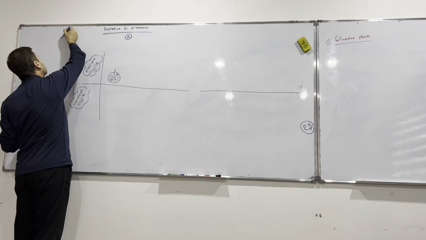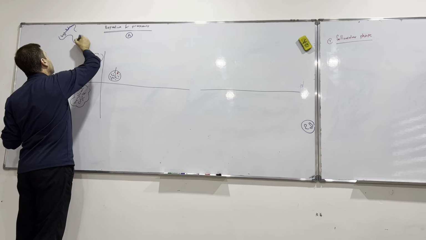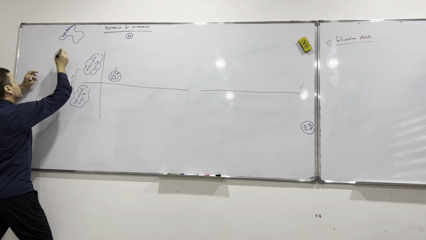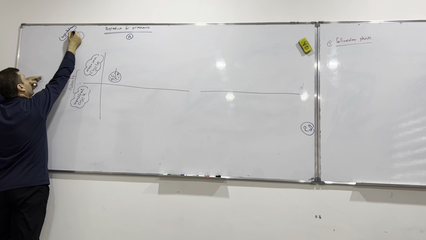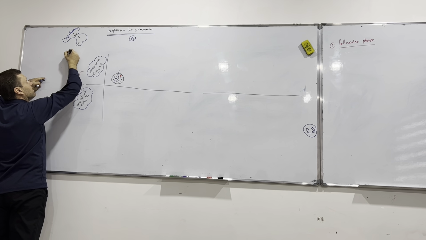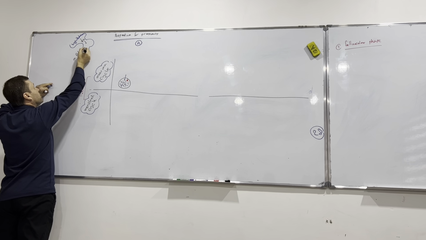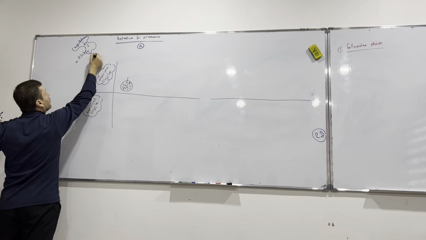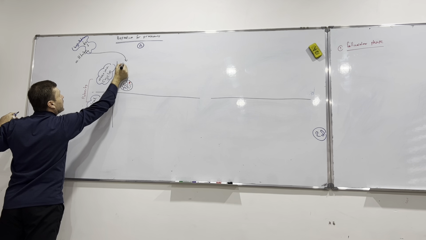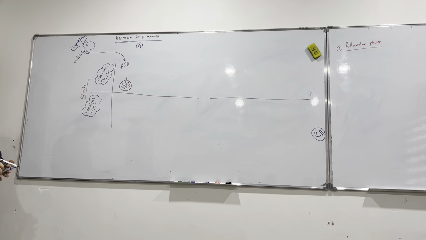hypothalamus secretes a hormone called RH, releasing hormone. RH stimulates the anterior pituitary to release a hormone called FSH, or follicle stimulating hormone.